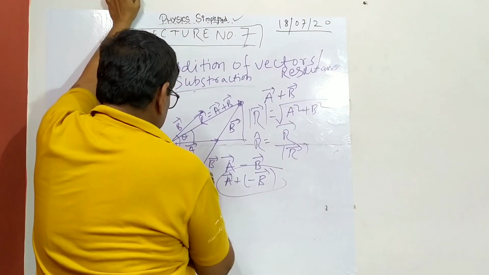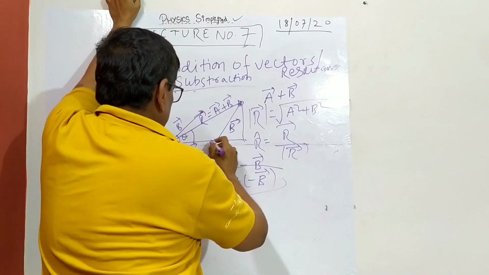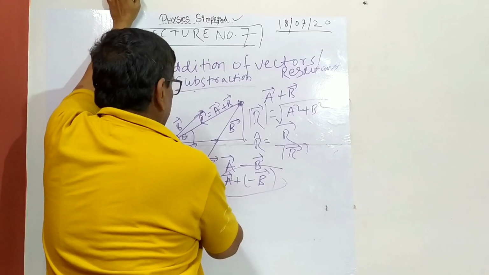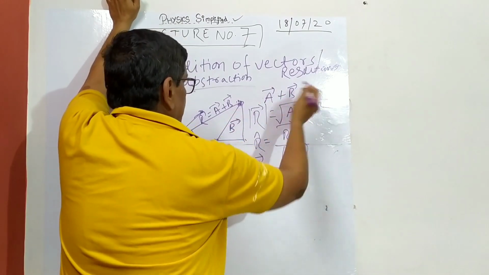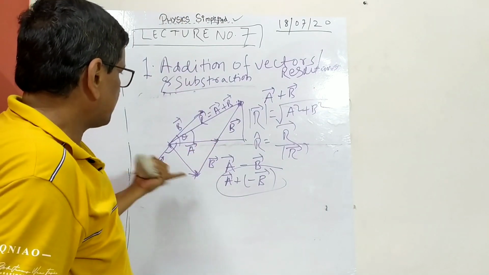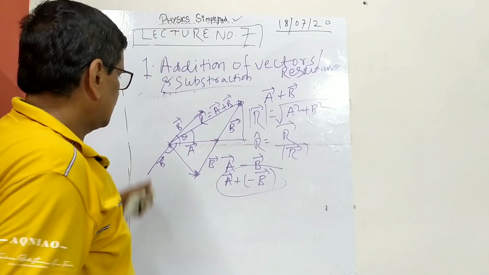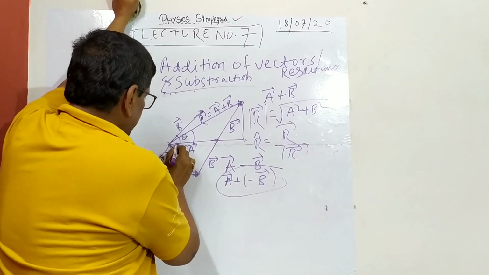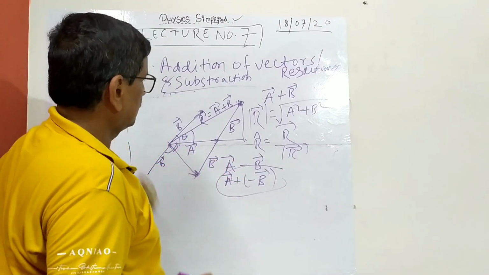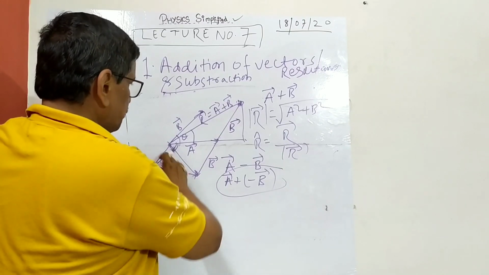So now again the resultant will be from this to this. So from tail to head, and the resultant is from this tail to this head. So this is called tail to head, you can say. Resultant will be from tail to head. And for subtraction also the same thing. And so you'll get this, and the angle will also again be this. So this is a very similar type. So this you can calculate.